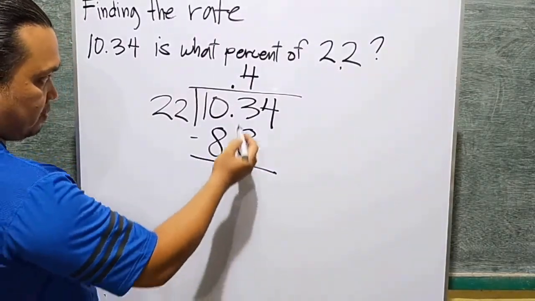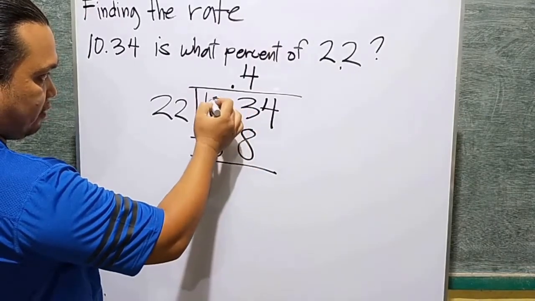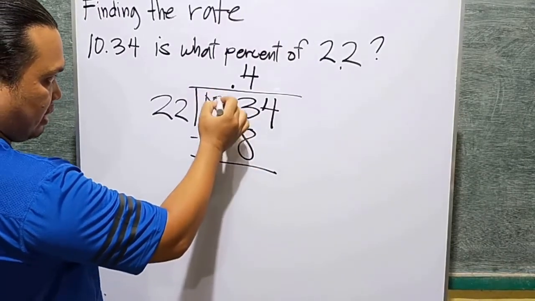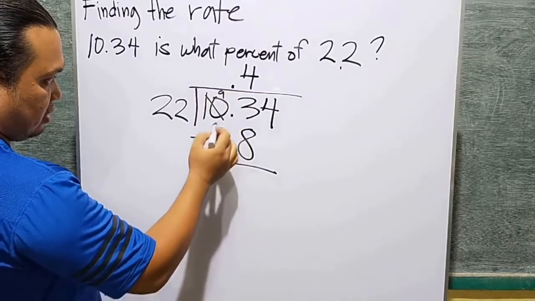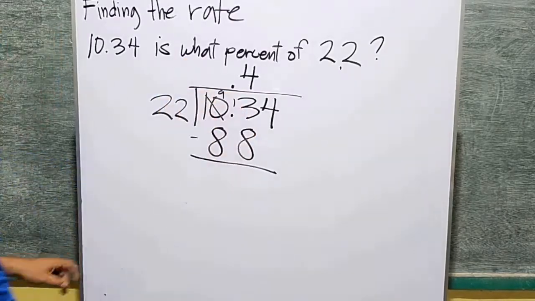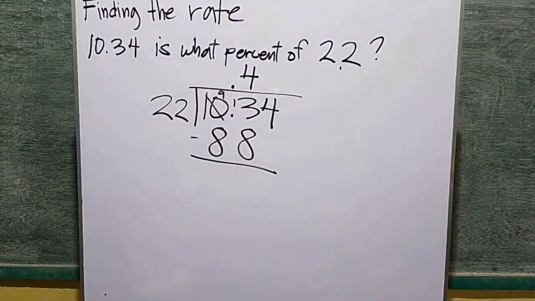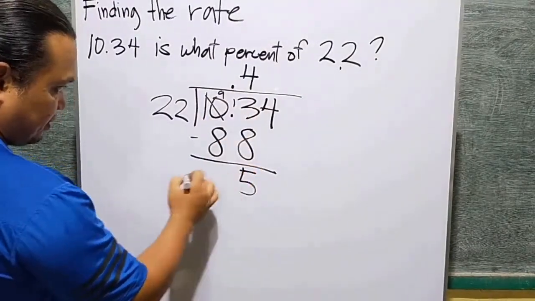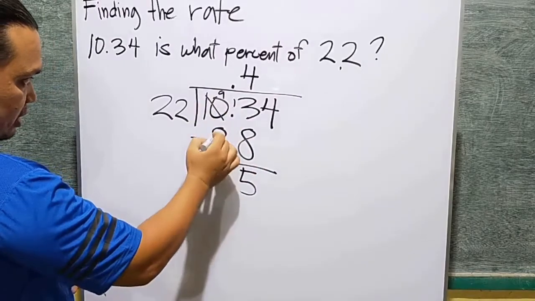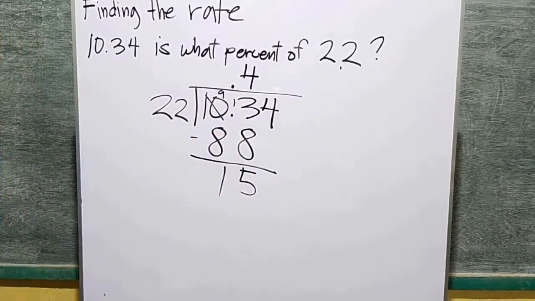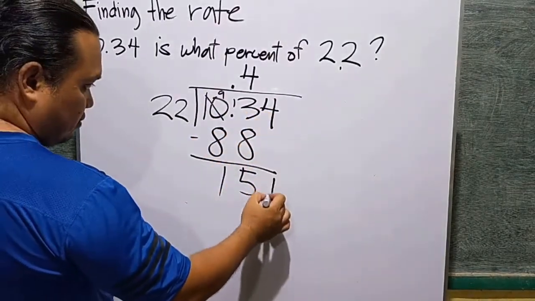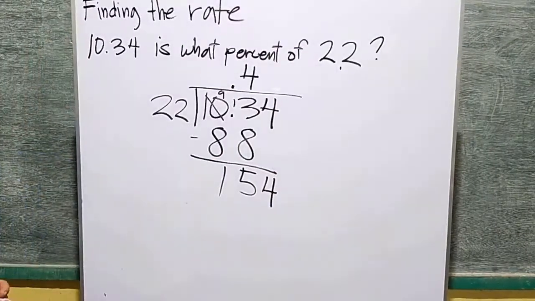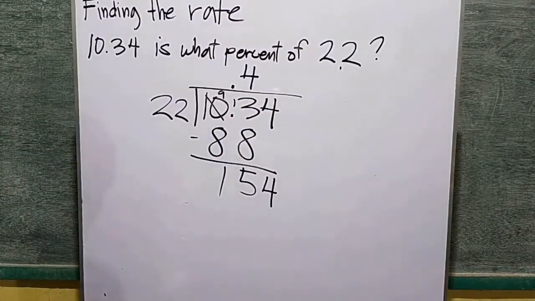Let's subtract now. 3 must borrow 1 from 0. 0 will become 9, and 3 will become 13. 13 minus 8 is 5. And 9 minus 8 is 1. So we have 15. Bring down 4. So we have 154.